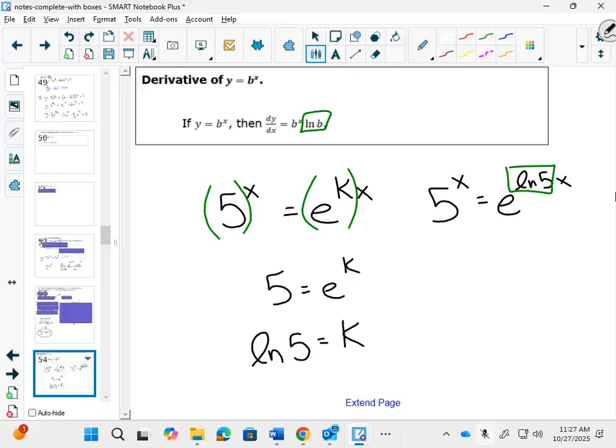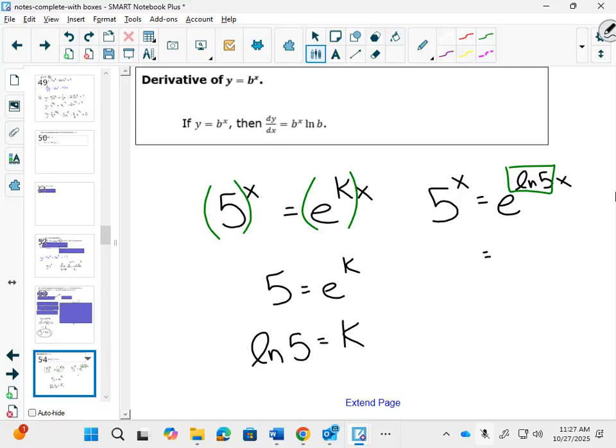Why does it show up as a multiplication there in the end? Well, you can use your log laws to play around with this. Well, I'll leave it for now. We have to learn a few more derivative shortcuts, and then this will make a lot of sense. But for right now, we've got this as our new shortcut.